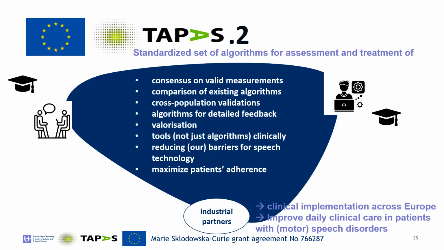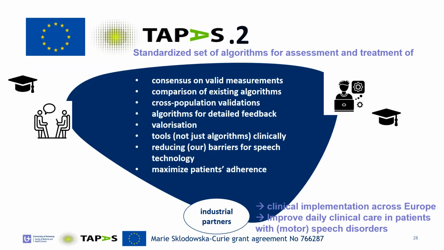What I think, maybe it's a dream, but it would be nice, is that we have within Europe a standardized set of algorithms for the assessment and treatment of speech disorders, motor speech disorders, but speech disorders in general. And I think maybe it's time that we come to a consensus on what is a valid measurement.